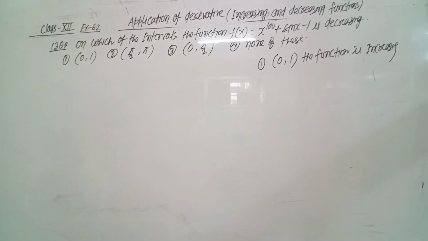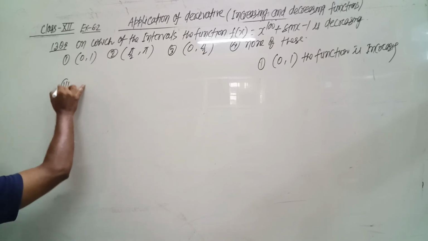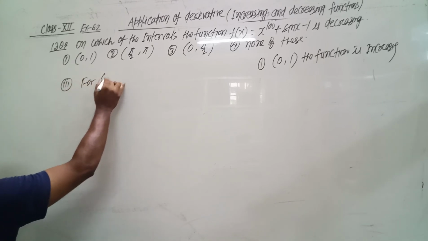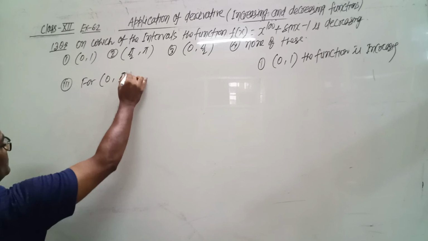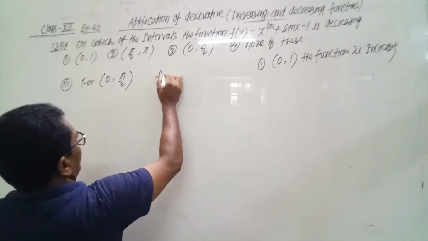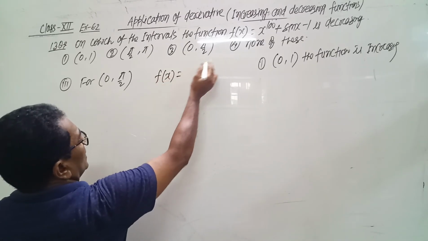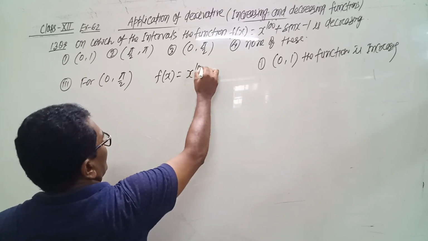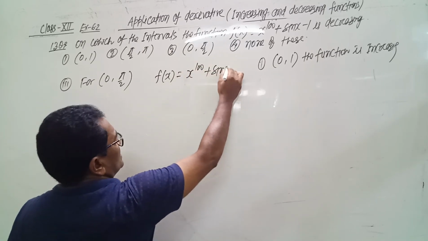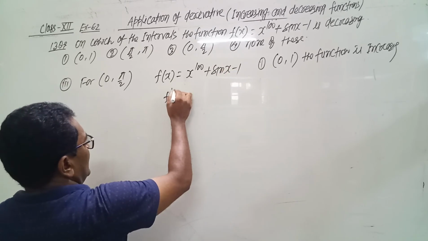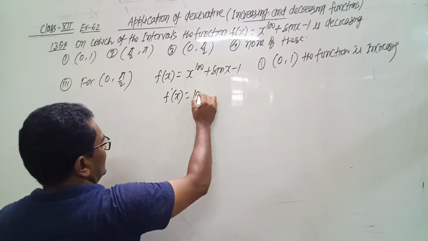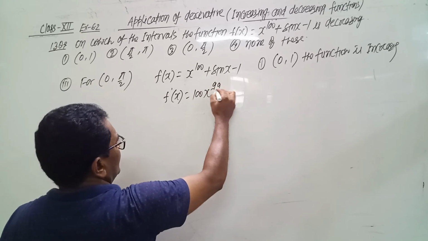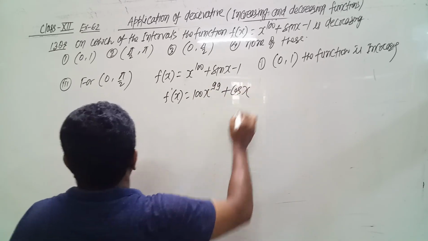So this is the third case. From 0 to pi by 2. Say again f(x) equals 100 x raised to the power 100 plus sin x minus 1, and f dash x equals 100 x raised to the power 99 plus cos x.